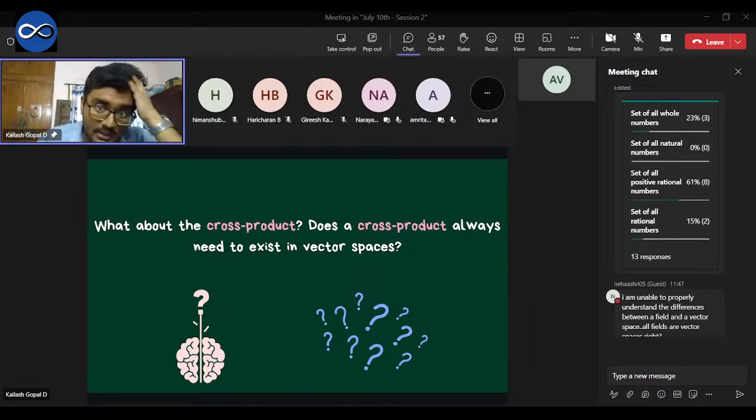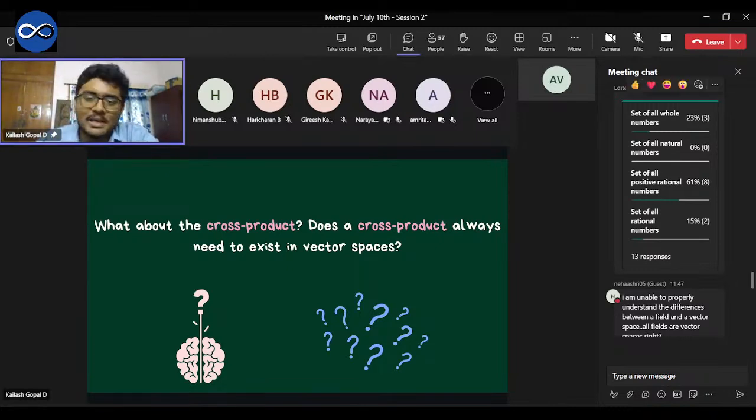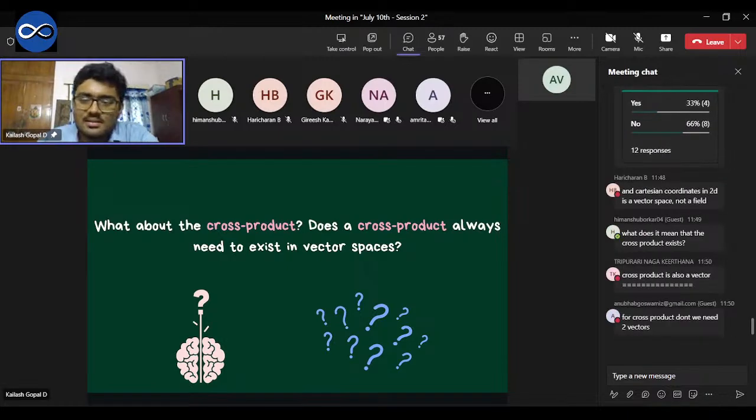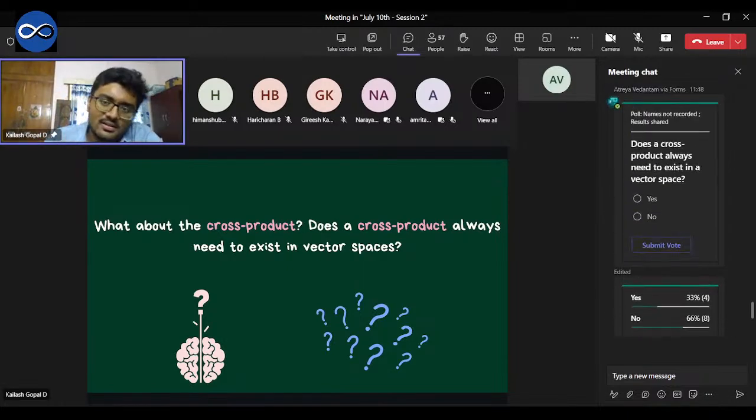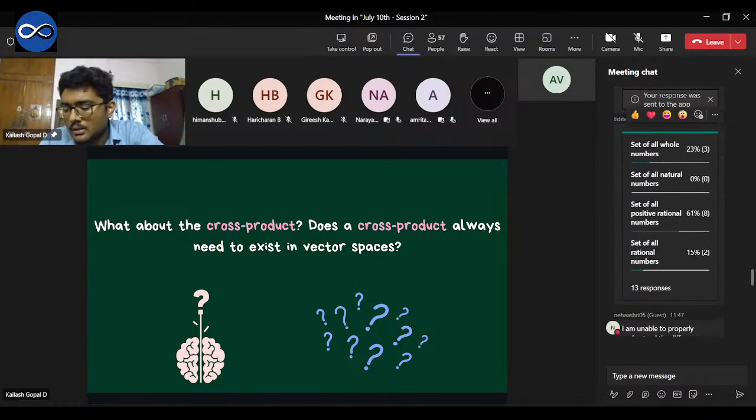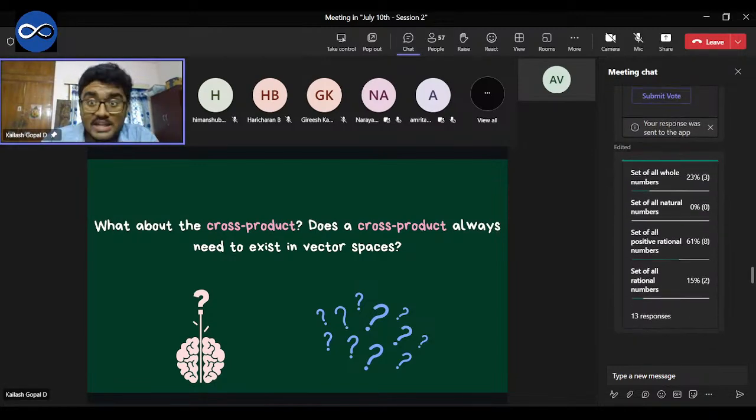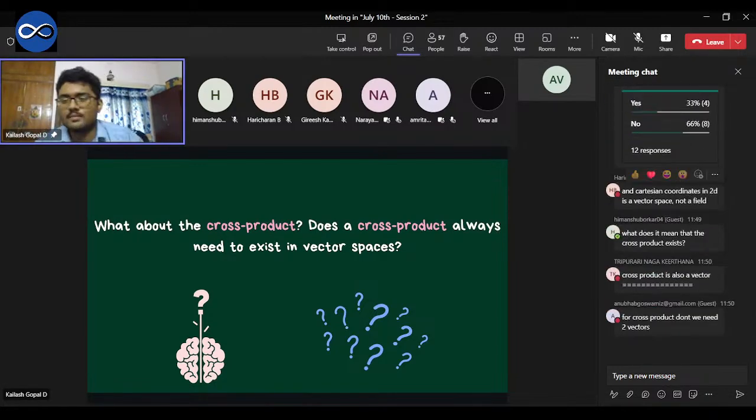But if you think about it, one of the basic things about the cross product is that if you have 2 vectors, the cross product is perpendicular to both. Now, how will you define a cross product in a 2-dimensional space? You don't always have a perpendicular to 2 vectors. And even worse, how will you define it in a 4-dimensional space?